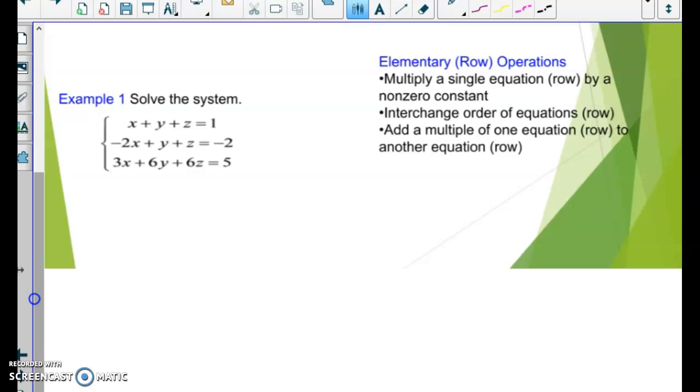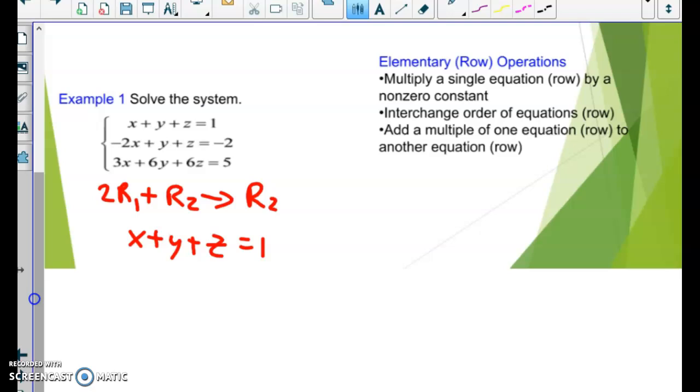If I take my first row, it seems relatively simple. Why don't I take row 1 times 2 and add it to row 2 and put it into row 2. So I can multiply rows times something, I can add them together. My first row stays the same.